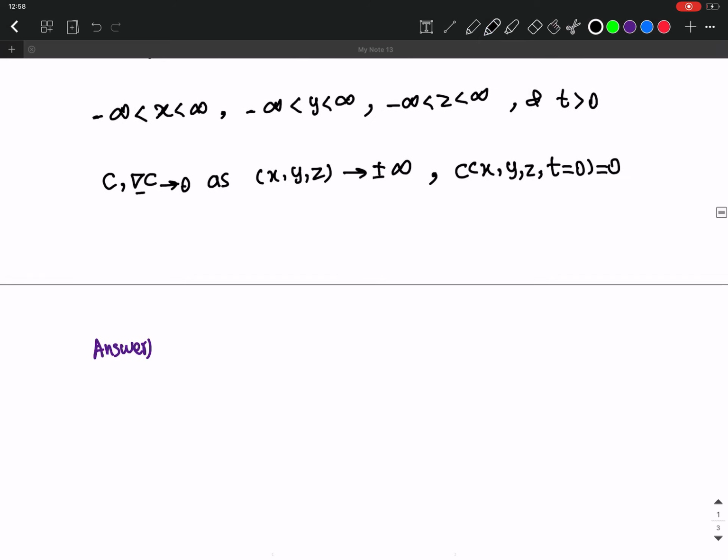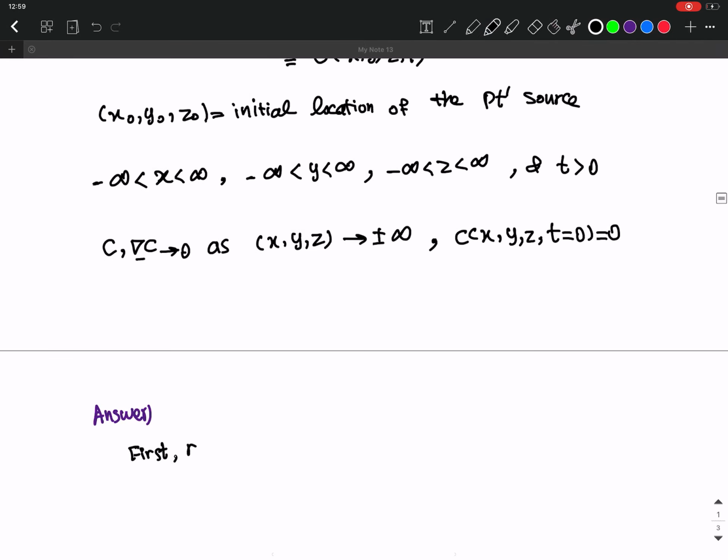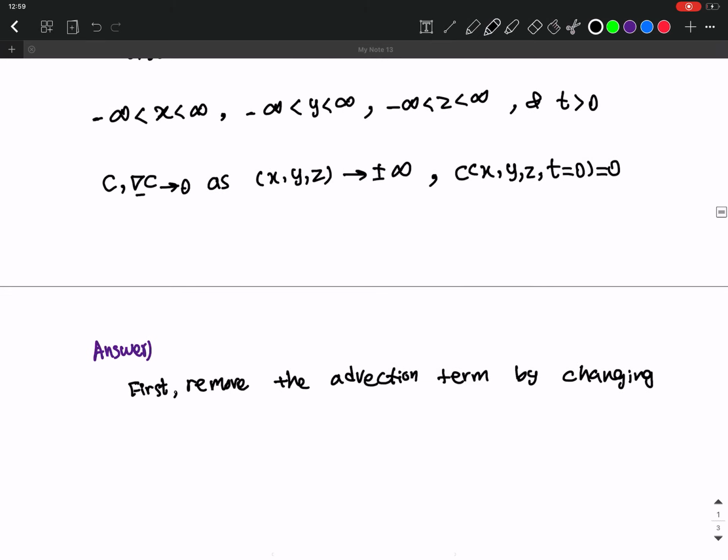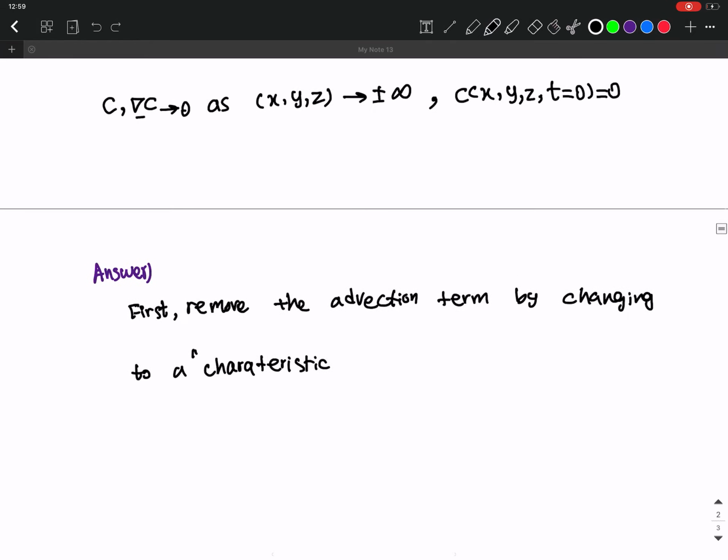We first remove the advection term like before by changing to a characteristic coordinate.